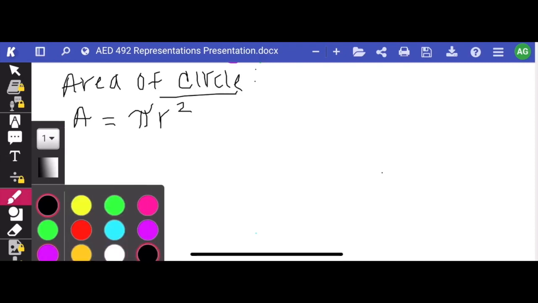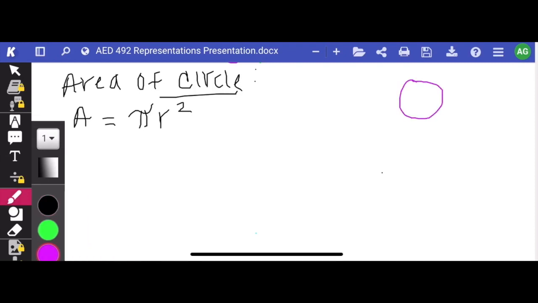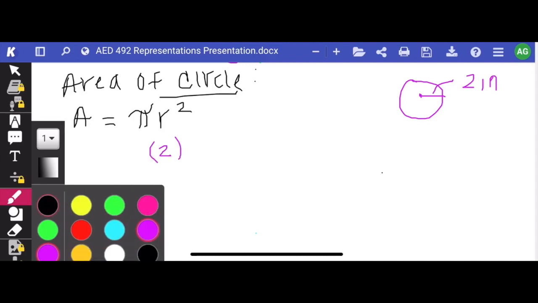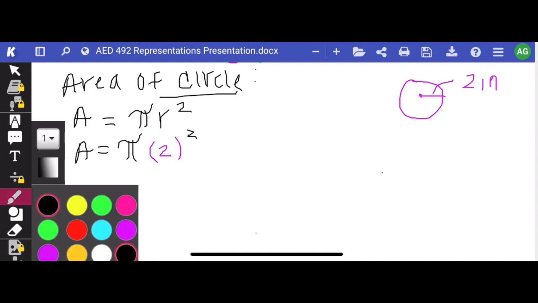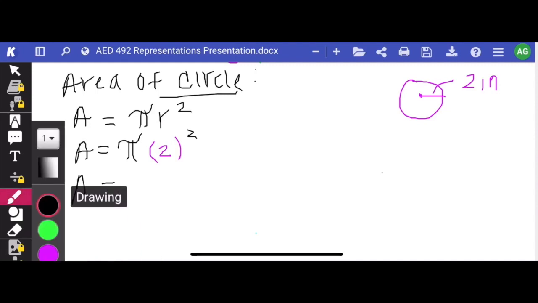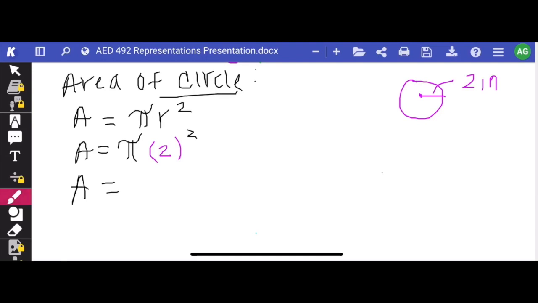And based on the parts that we drew in the net, we're going to put in the radius, which we know is 2 inches, so we have area equals pi times 2 squared, which would give us 4 pi. And we're going to put that in our calculator, which would give us 12.5664.